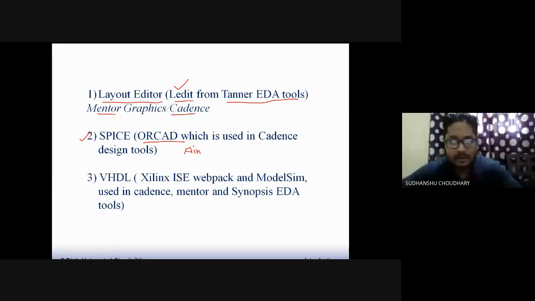So you will utilize either the OrCAD PSpice student version copy, or AimSpice, which is also freeware. Any of these two we will utilize.